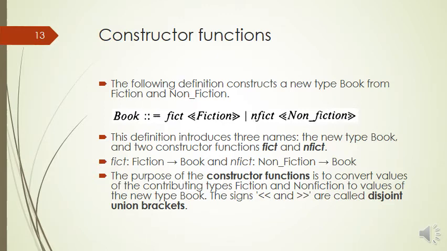Students, constructor functions are used to merge declared basic types into a new type. Therefore, if we apply constructor functions on declared basic types, which are fiction and non-fiction, and to merge these two types we use two constructor functions.